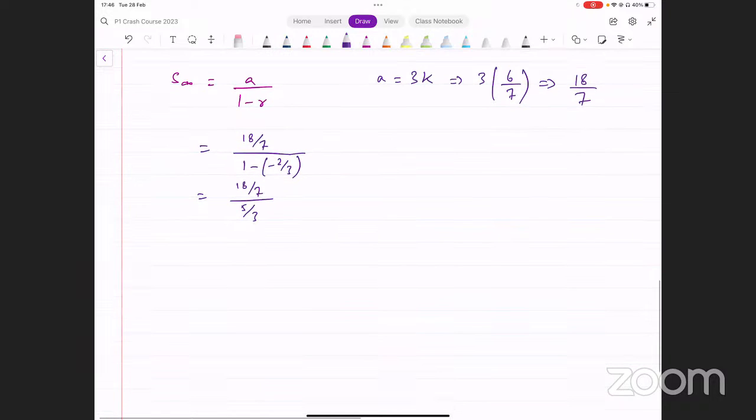It doesn't specify whether you want an exact answer or not, but it's still better to give an exact answer. Just evaluate this on a calculator. You'll get 18 divided by 7 into 3 divided by 5, and that is giving me 54/35. So the sum to infinity therefore turns out to be 54/35. This is what we were looking for.